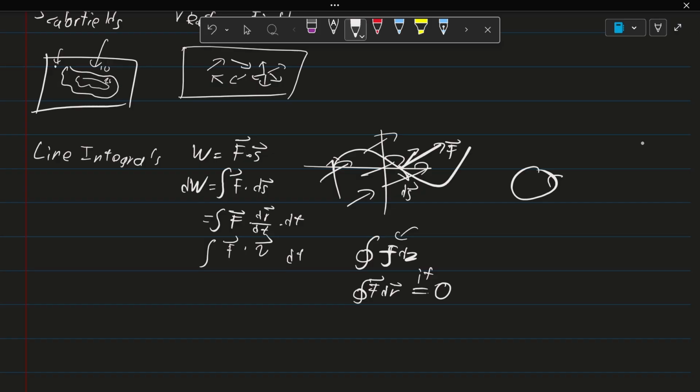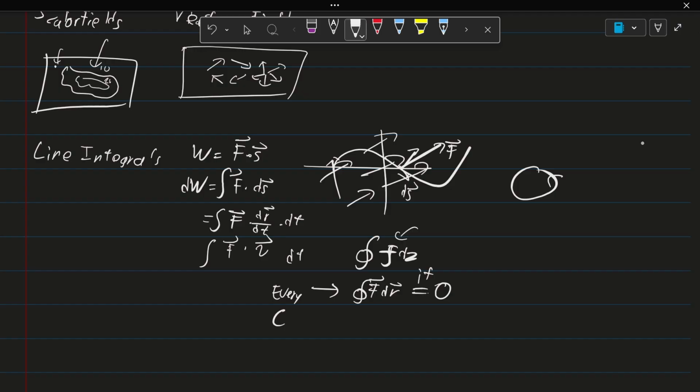So F vector dot dr vector could technically be 0 for an arbitrary path, but for any type of path, if the contour integral is 0, it's a conservative field. That's something that I want you to highlight. This is for every closed curve.